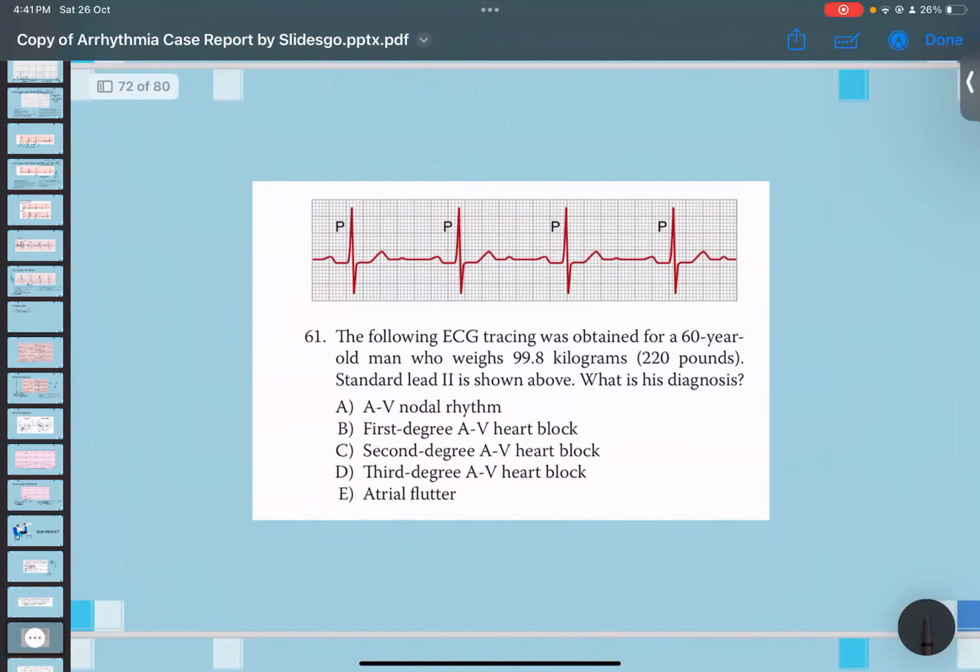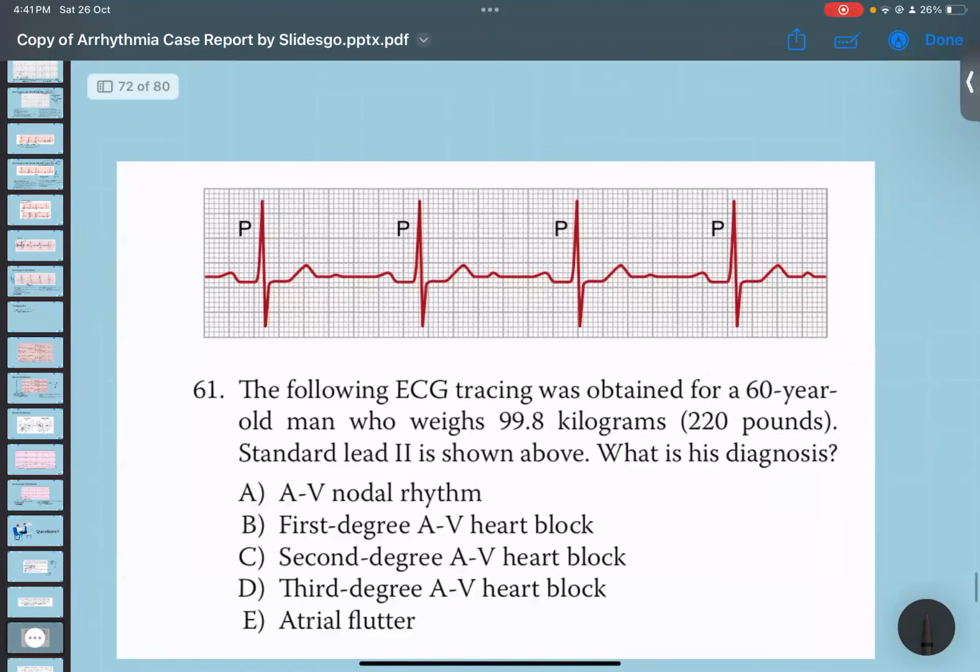Now, question 61. This is the ECG. What is the diagnosis? P waves are visualized, okay? Regarding the heart rate, 1, 2, 1, 2, 3, 4, 5, 1, 2, 3, 4, 5, 6.